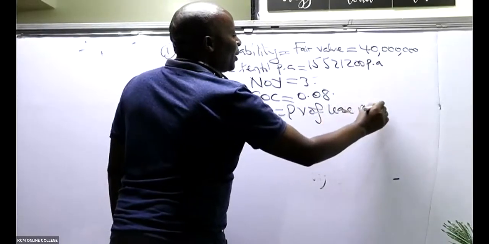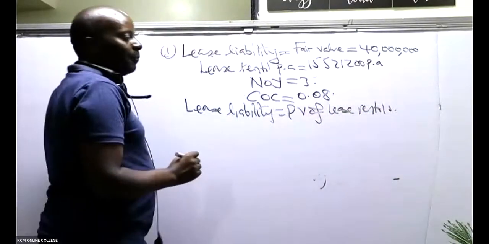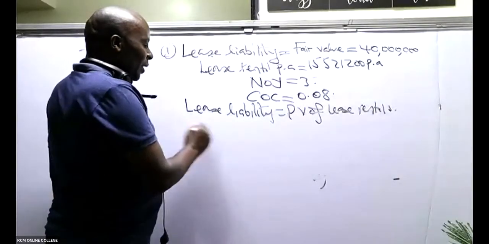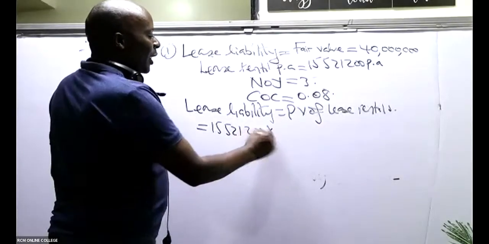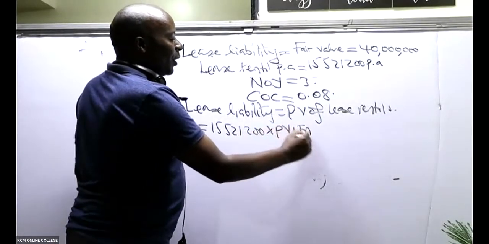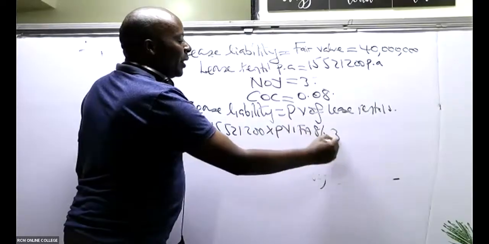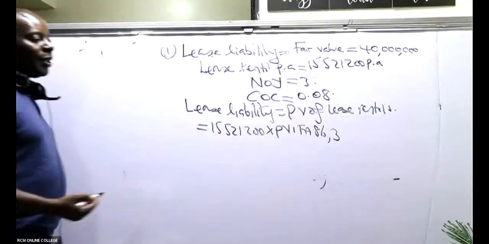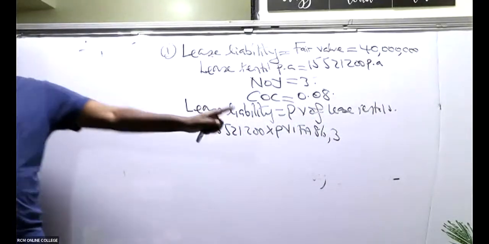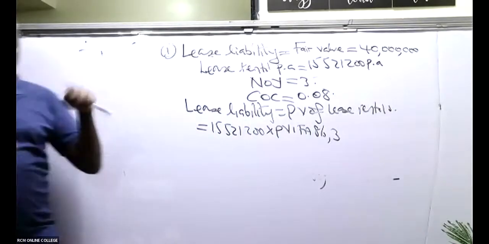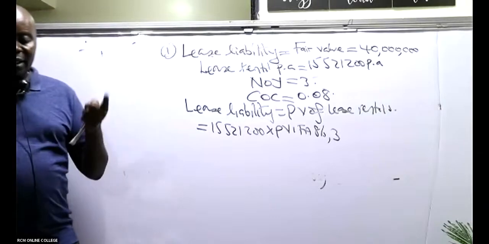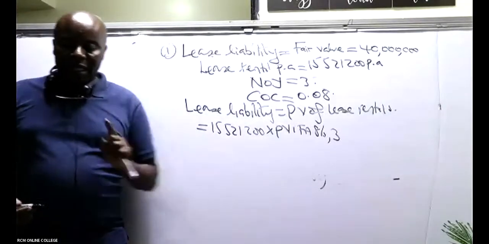So in that case, this would have been 15,521,200 times PV at 8%, for 3 years. I will not add 1 plus R there because this one is not being paid up front. It is only the one that is being paid up front that we normally add the 1 plus R. This one we shall leave it like that.